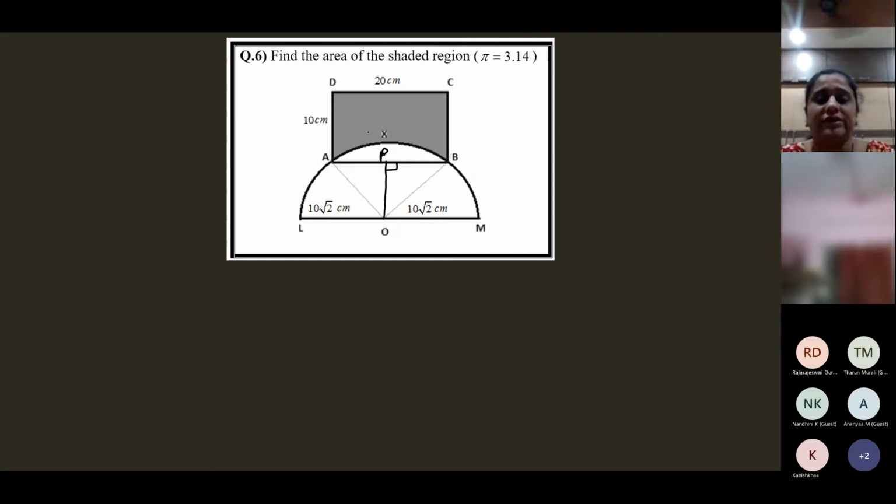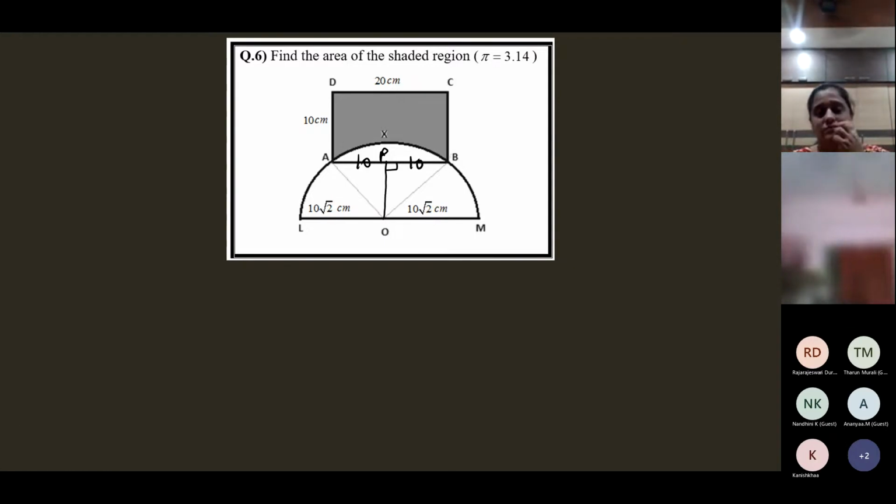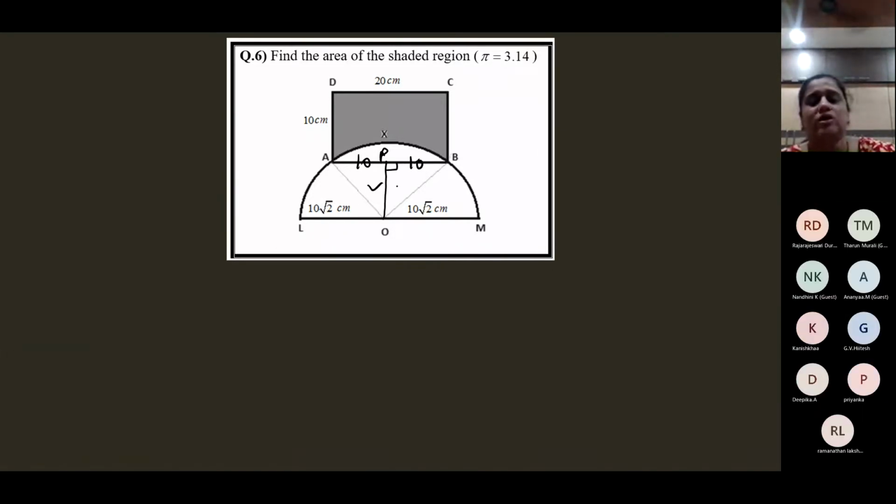So now this is 20, so it will be 10 here and 10 here. How do you know it is 10? You should prove that these two triangles are congruent, so AP is equal to BP. 10 each.